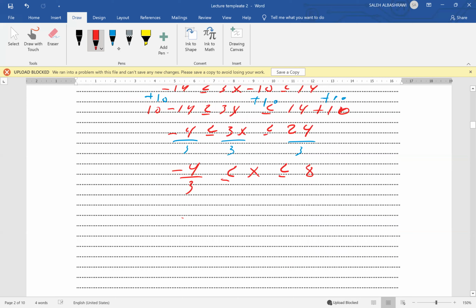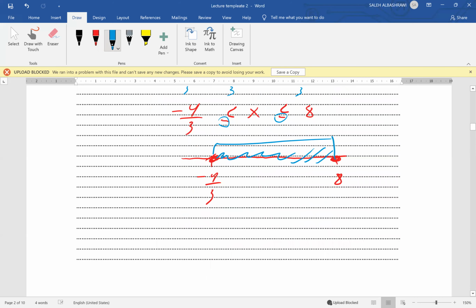The graph of this inequality, or the solution, will be between minus 4 over 3 and 8, closed circles, because we have this equality, and the solution set will be in between this area or this interval. We can write it in interval notation as closed minus 4 over 3 to 8.